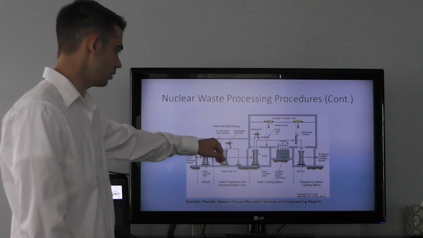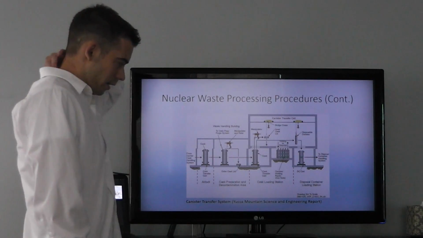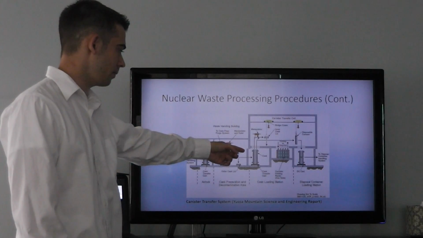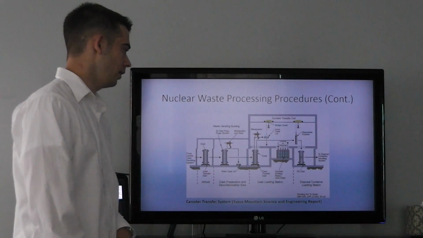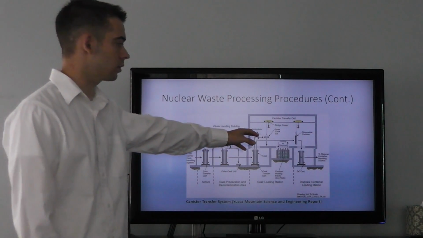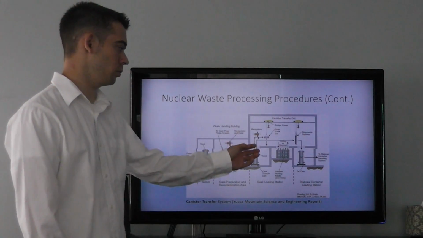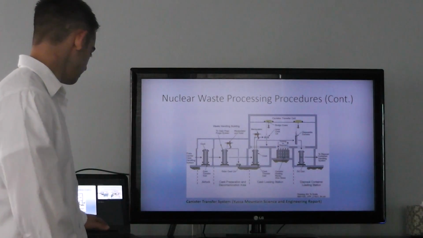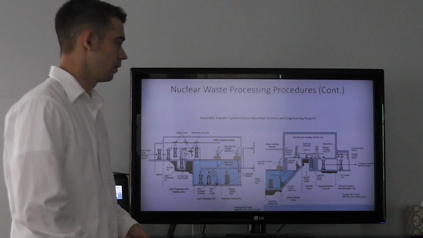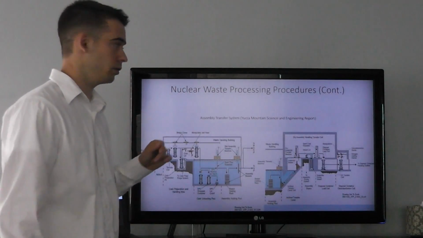There's a purge system that will be purging inside the system and sampling the air. Then at your next stop, they'll remove the inner lid and move the fuel assemblies that are in disposable canisters to a disposable container, which will move on in the process. So, like I said, there are two different avenues that the spent nuclear fuel can go.